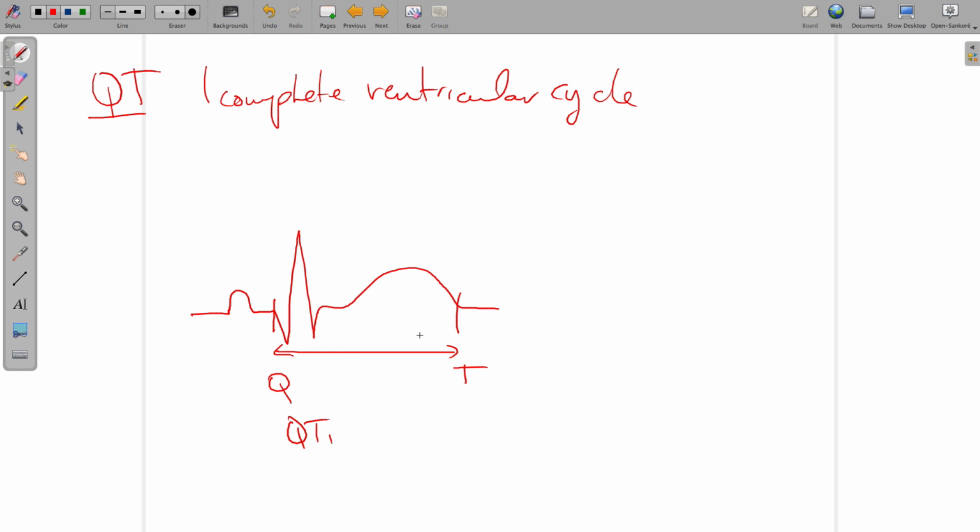Now, within the ventricular cycle here, there are some different additional pieces that we need to know about, and here they are.